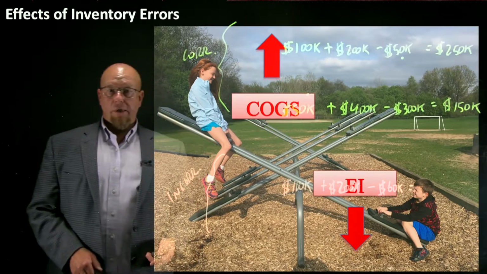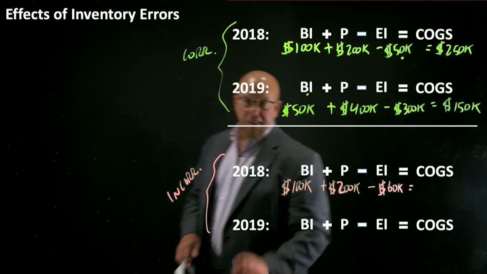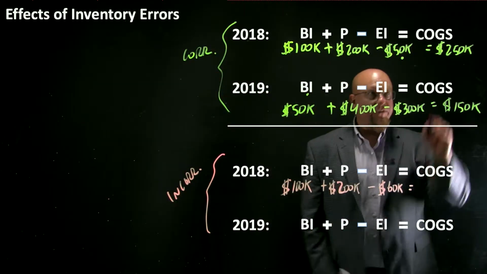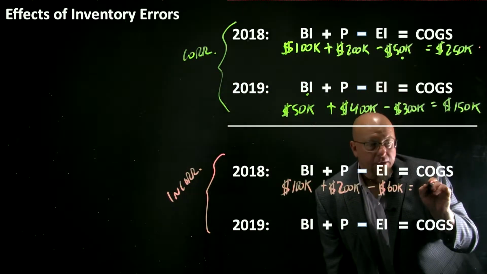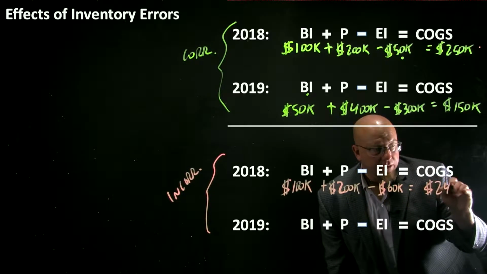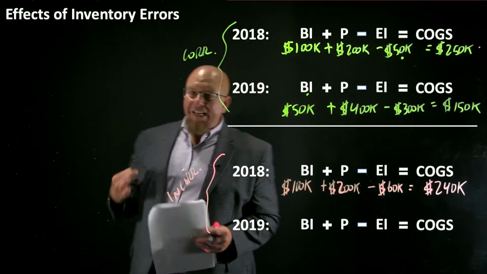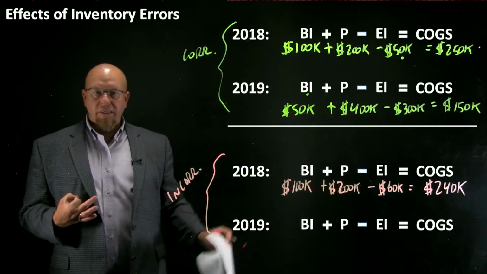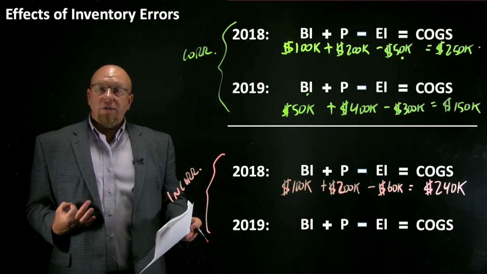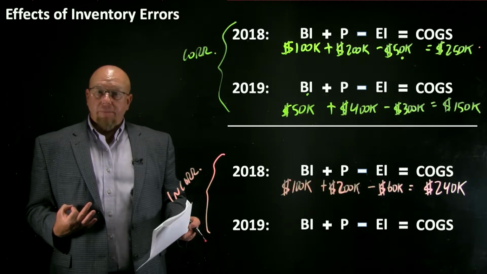Cost of goods sold gets lower. And that's exactly what you're going to see here. Instead of being $250,000, what it's supposed to be, this cost of goods sold is mathematically measured as $240,000. So overstating the ending inventory for 2018 understated our cost of goods sold for 2018.